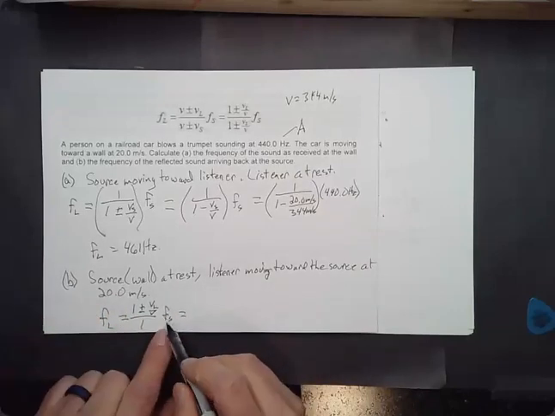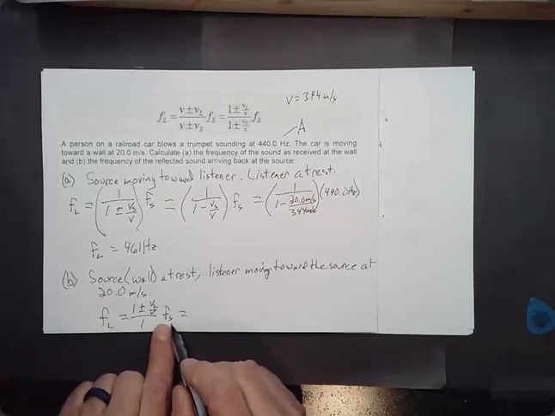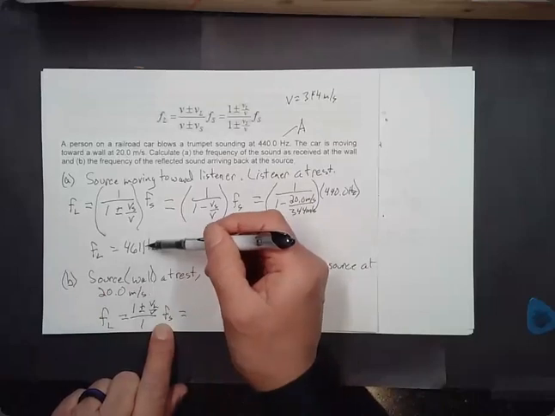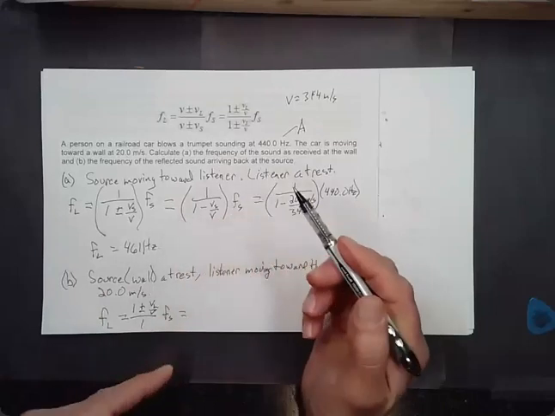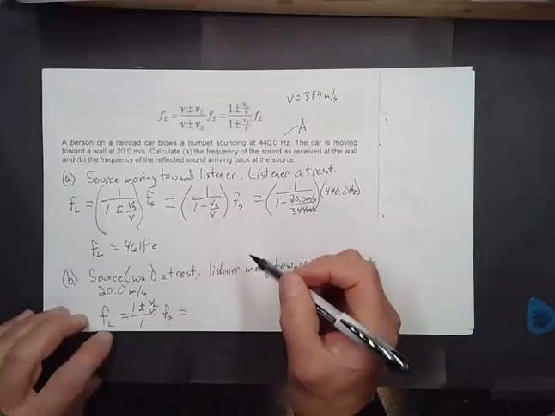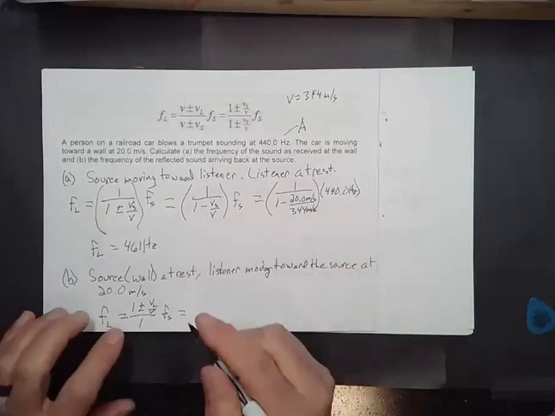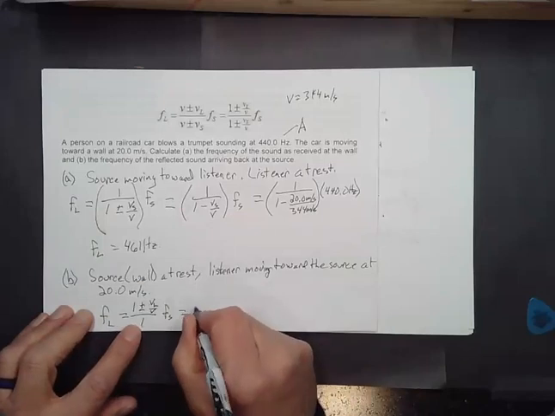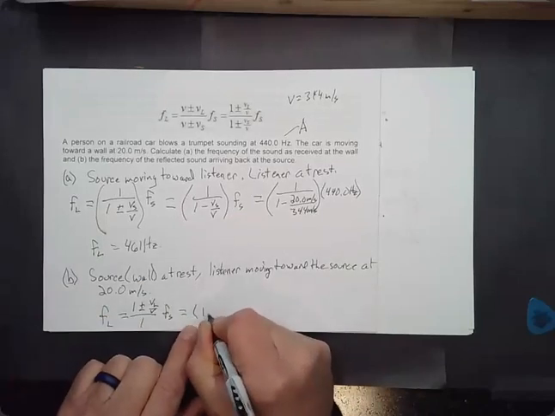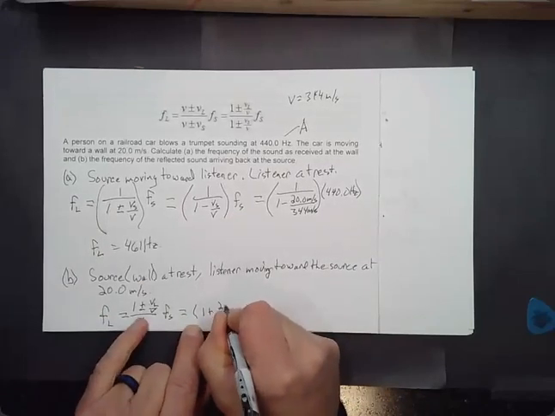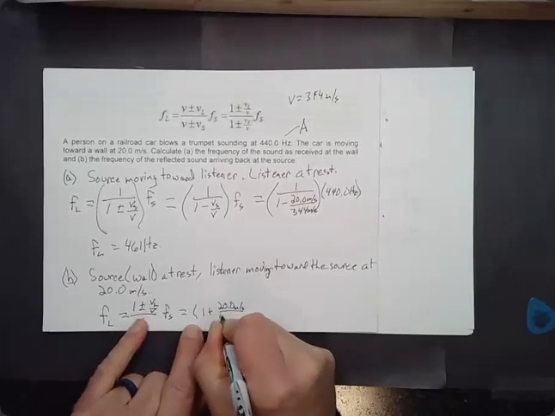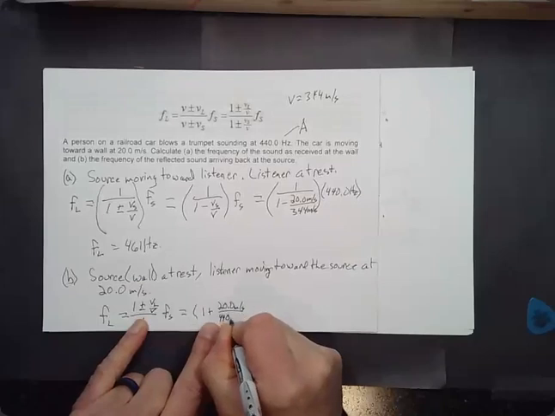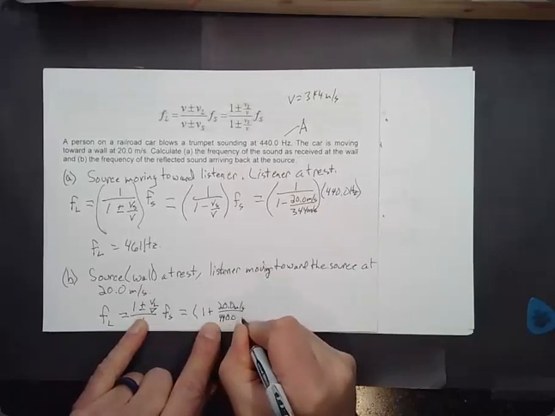Now, the trick here is that the frequency generated by the source, which is the wall, is the 461 hertz that the wall received from the train moving toward it. So that's the part that's kind of tricky to use. But anyway, we'll have 1 plus 20.0 meters per second over 440.0.